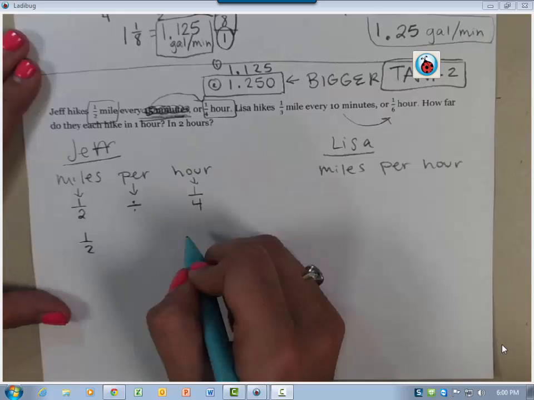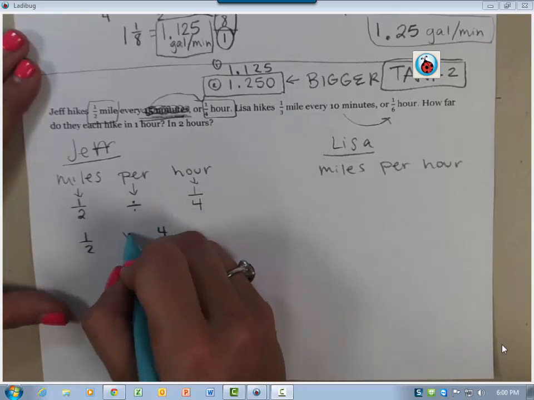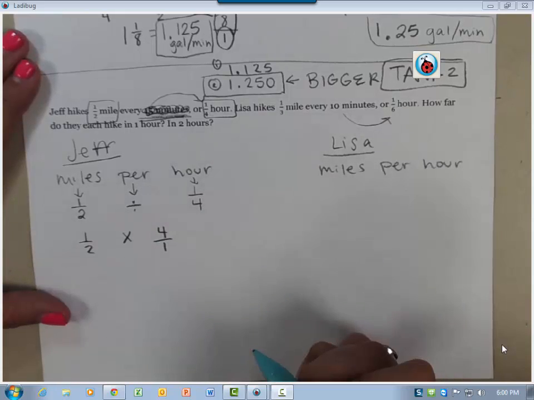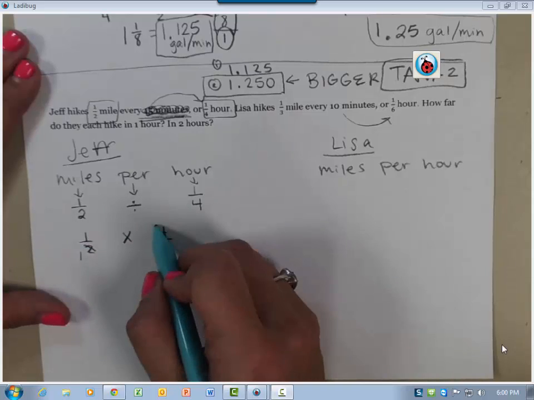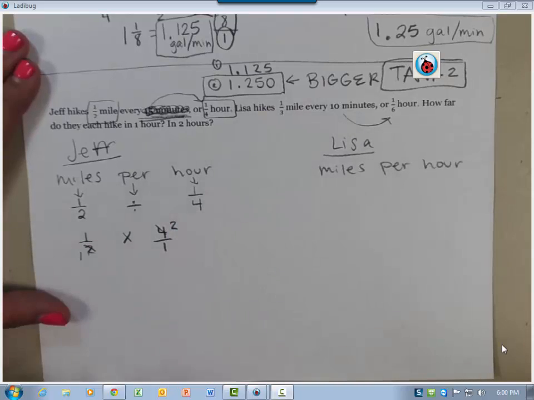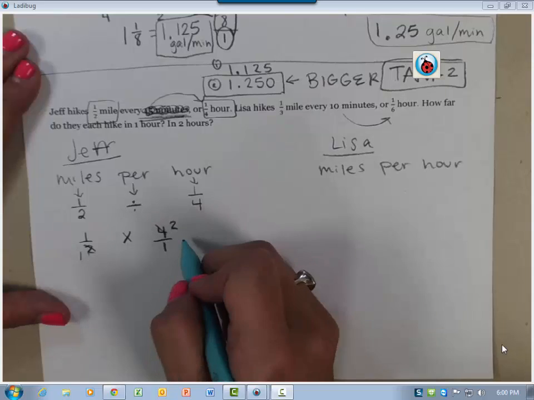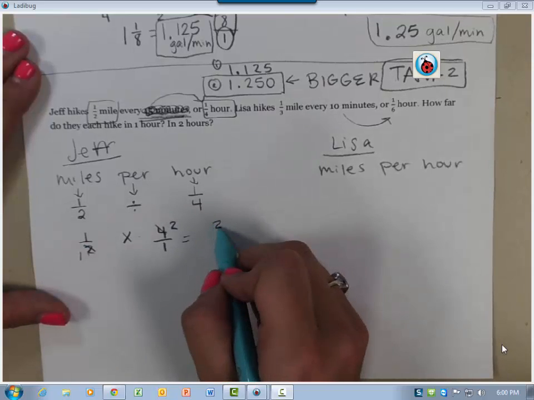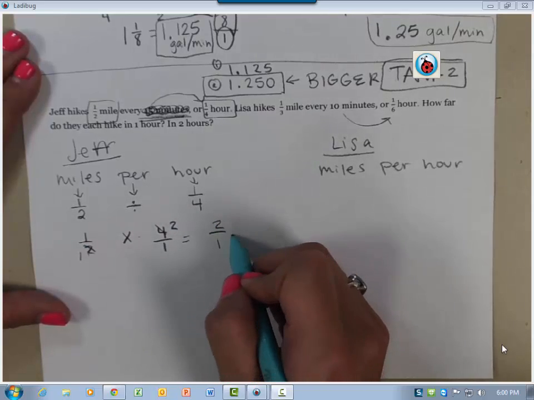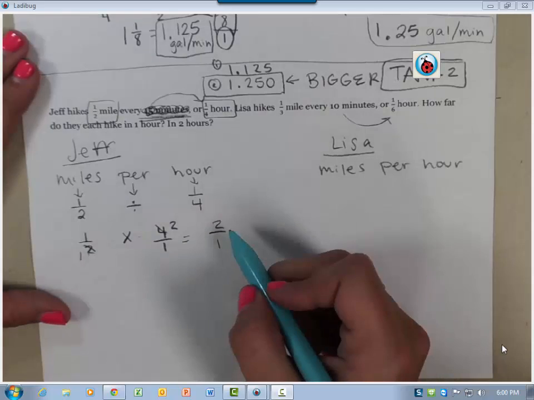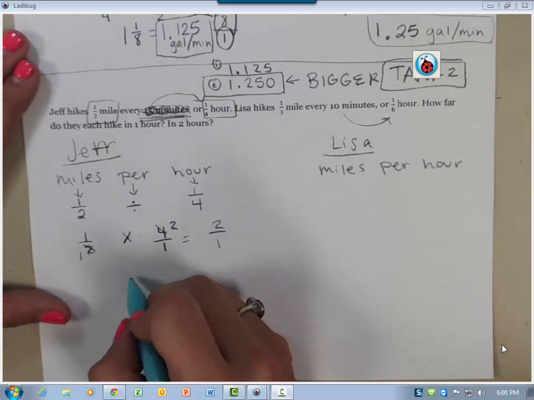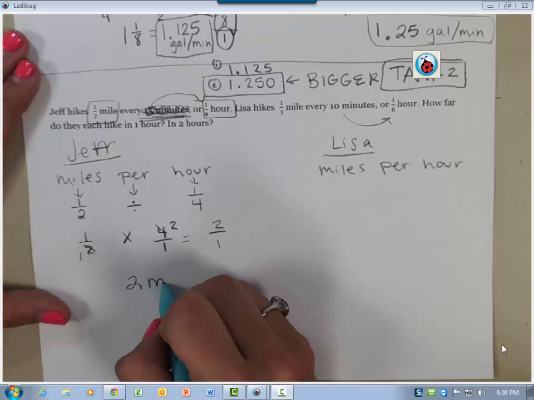Alright, dividing fractions easy as pie. Just flip the second and multiply. You can cross simplify 2 to 1 and 4 to 2, because 2 can go to 2 once, 2 can go to 4 twice. Top times top, bottom times bottom. Multiplying fractions ain't no problem. 2 divided by 1 turns into 2 miles per hour.